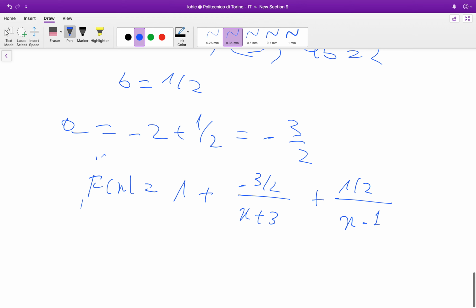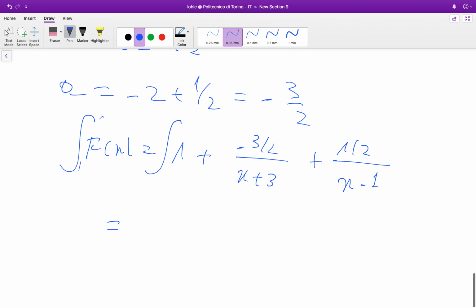If now I put the integral here, what is the integral of 1? It will be x plus the integral of this plus the integral of this, right?